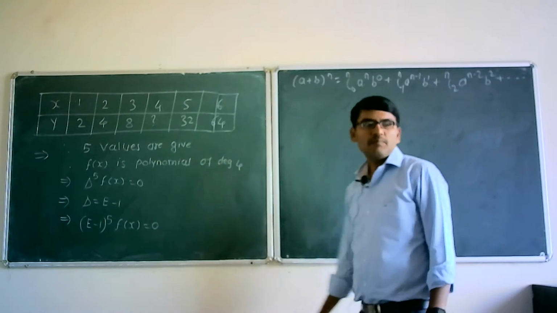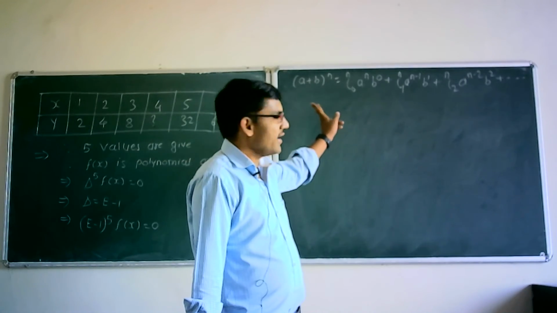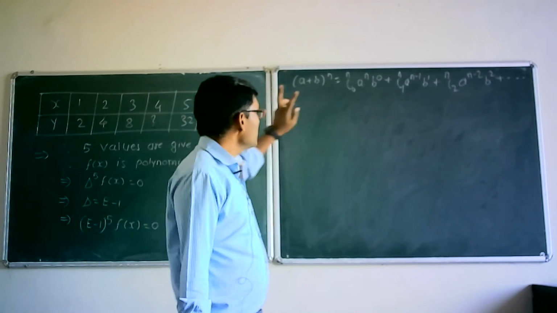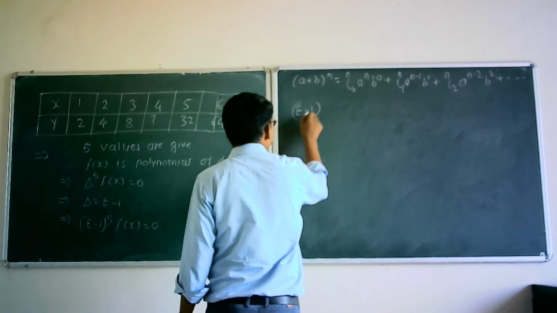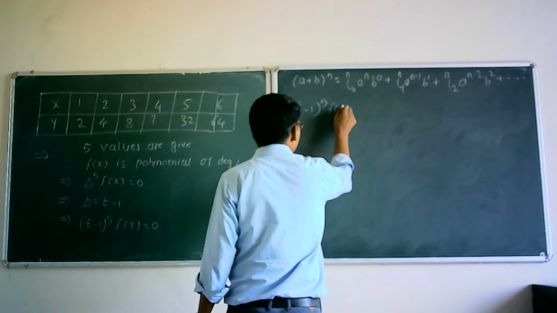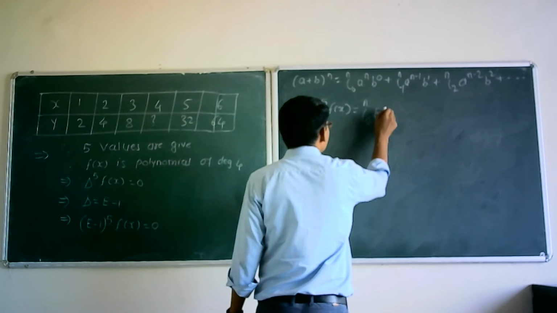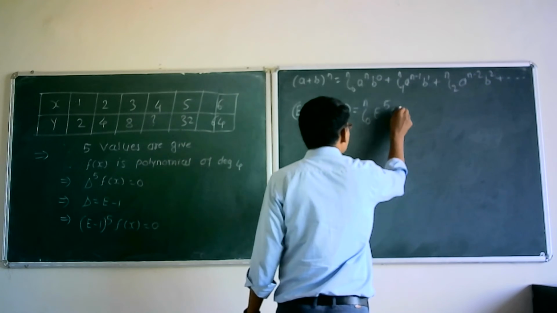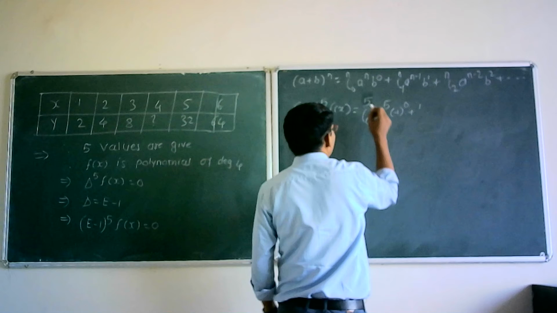So similarly we can expand this (E minus 1) raised to 5 f of x by using the binomial expansion. So it is 5C0 E raised to 5 minus 1 raised to 0, plus 5C0.